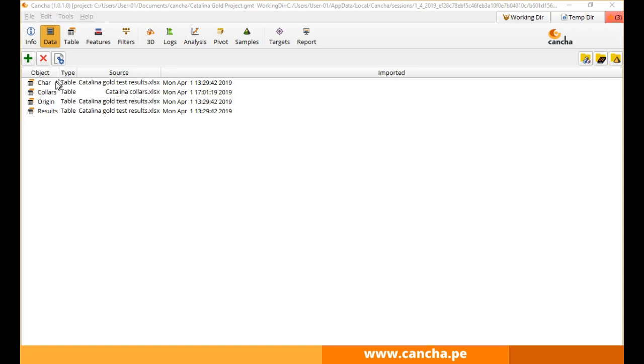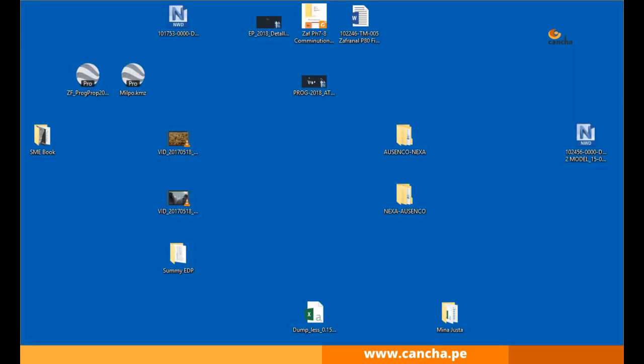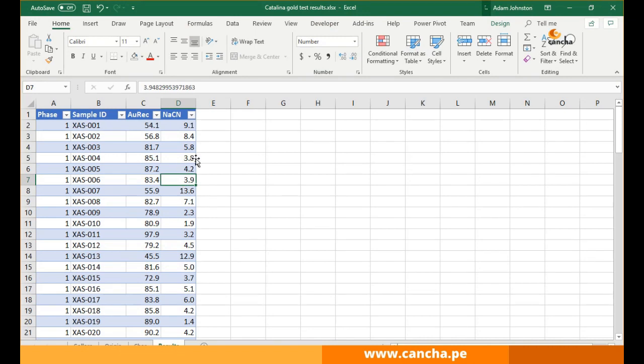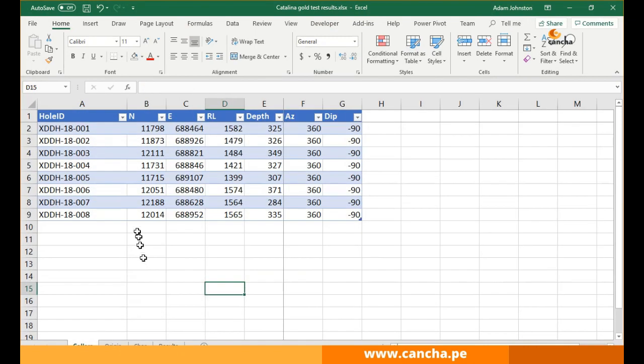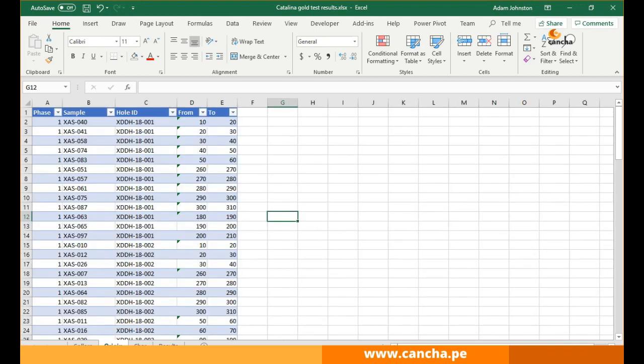Basically, I imported 4 tables. Let's go to Excel and see what's inside there. We've got the collars table, just to explain where the drill holes are. The origins table, which explains for each sample which drill hole it was taken from, and the from and to interval that the sample was taken from.